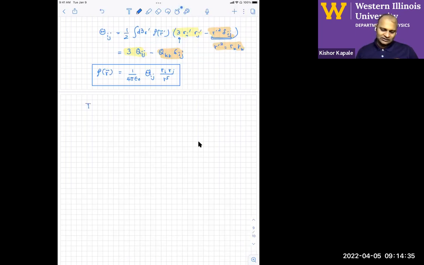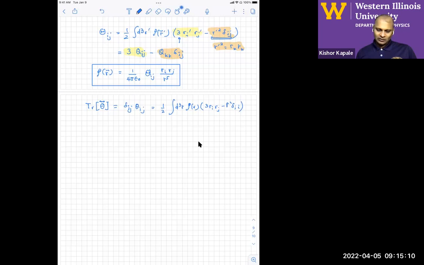Now, how do we know it's traceless? Let's verify that. If you calculate the trace of Θ, it is basically δij Θij, because both indices i and j are summed over. It's basically Θ11 plus Θ22 plus Θ33. And that, based on the definition, is half ∫d³r ρ(r) [3 ri rj − r² δij] multiplied by δij.